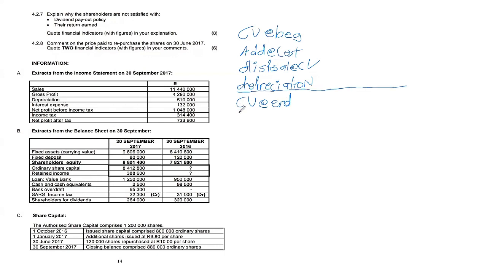So our depreciation is in brackets because it's an expense. Disposal also is in brackets, right?